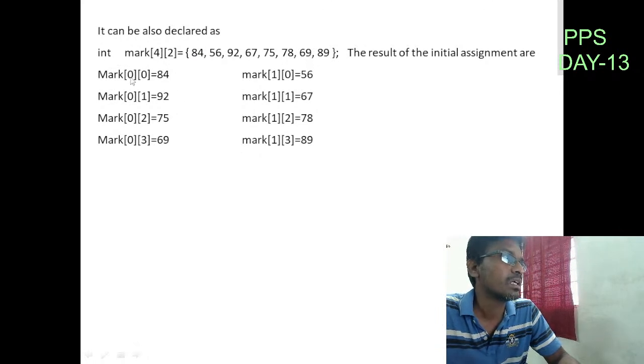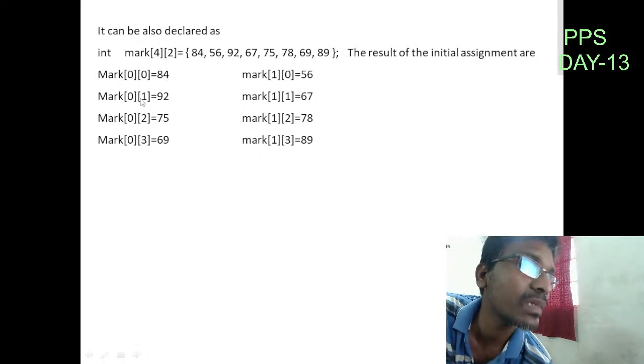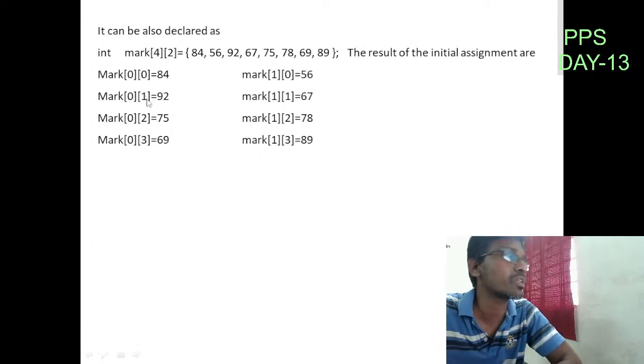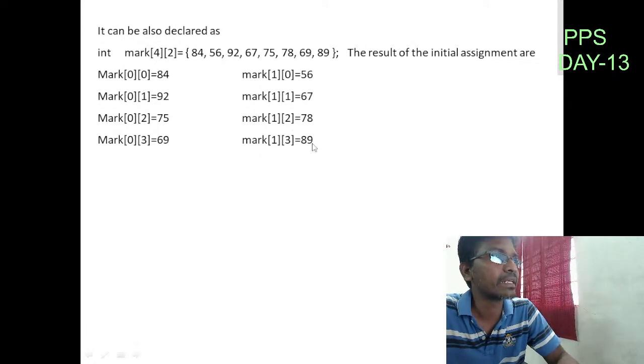The first value will be stored at 0th row 0th column, 84, and 0th row first column 94, 0th row second column 75, 0th row third column 69, and first row 0th column 56, first row first column 67, first row second column 78, first row third column 89. Like that, whether it is a single dimensional array or a double dimensional array, based on the syntax the values will be stored into the memory.